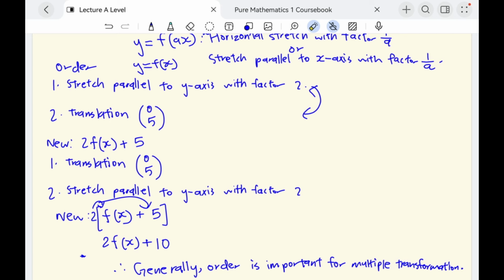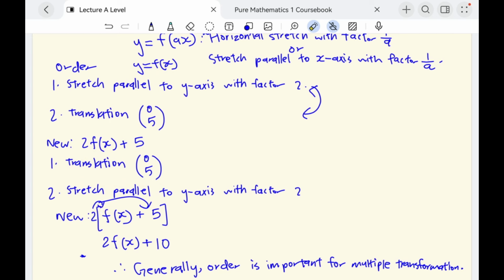What if I swap the order of the transformations? I let the translation (0, 5) be the first transformation, and then the next step is the stretch parallel to the y-axis with factor 2. What will happen to the new function from its original function, let's say y equals f(x)? First, translation (0, 5), that means your ordinary f(x) must add 5 first.